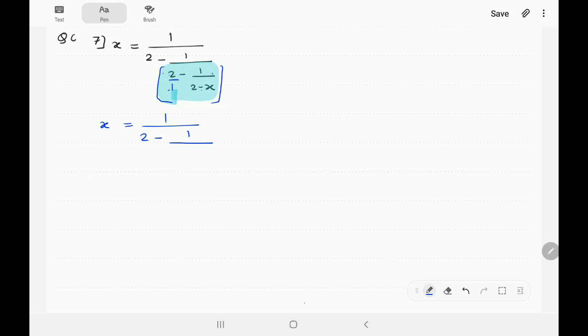I get 2 into (2 minus x), so it is going to be 4 minus 2x, minus 1 into 1 is 1, upon 2 minus x. Got the point? Did you understand? Check it again. Done? Okay, I'll go ahead.